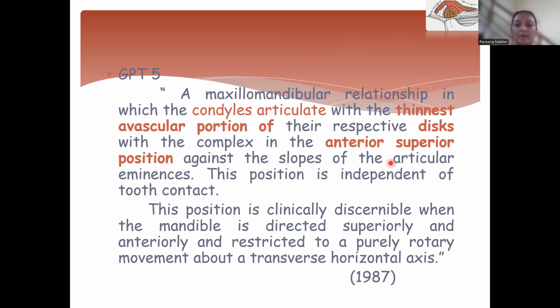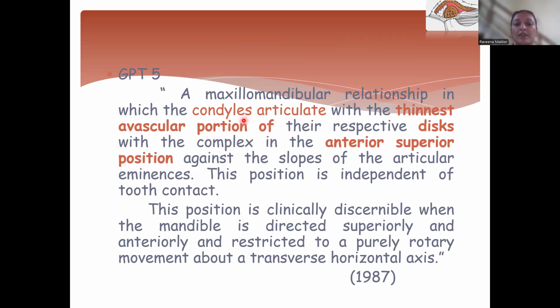Now, this definition explains the position of the condyles articulating with the thinnest avascular portion. So, as you all know, the articular disc is biconcave. It is thinnest in the intermediate portion and thick in the anterior and the posterior regions.